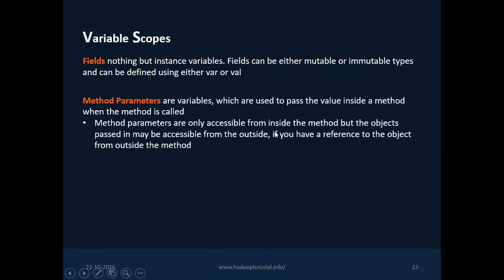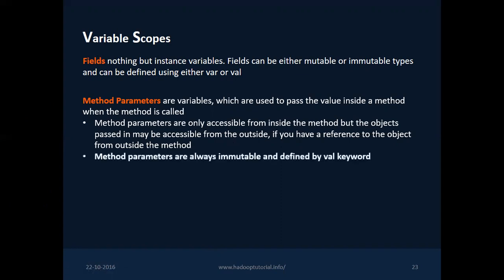And method parameters are only accessible from inside the method, but the objects passed in may be accessible from the outside. Means if you pass any reference types, but not the val types, then those might be accessible from the outside of it also. And method parameters are always immutable and defined by the val keyword.